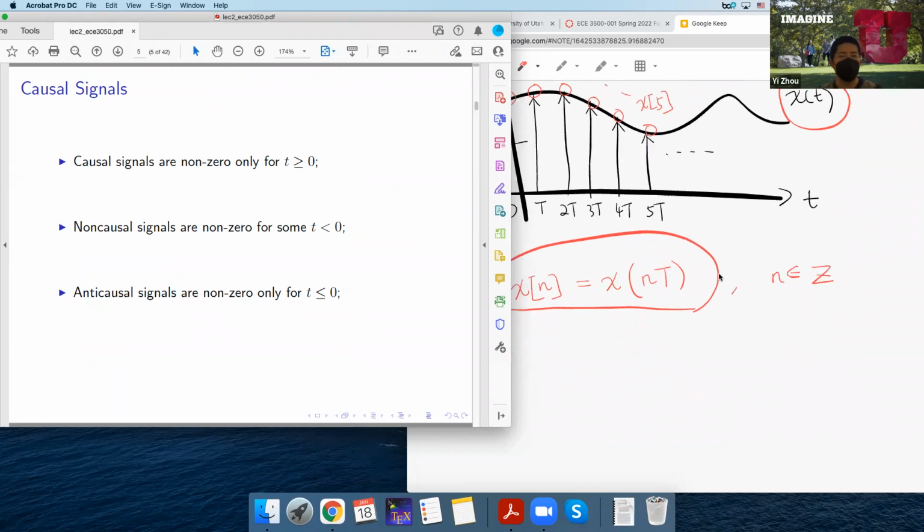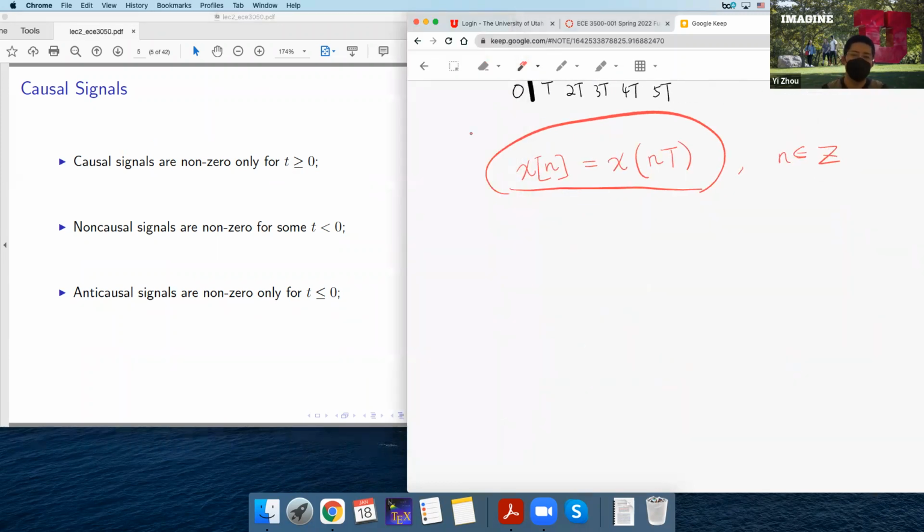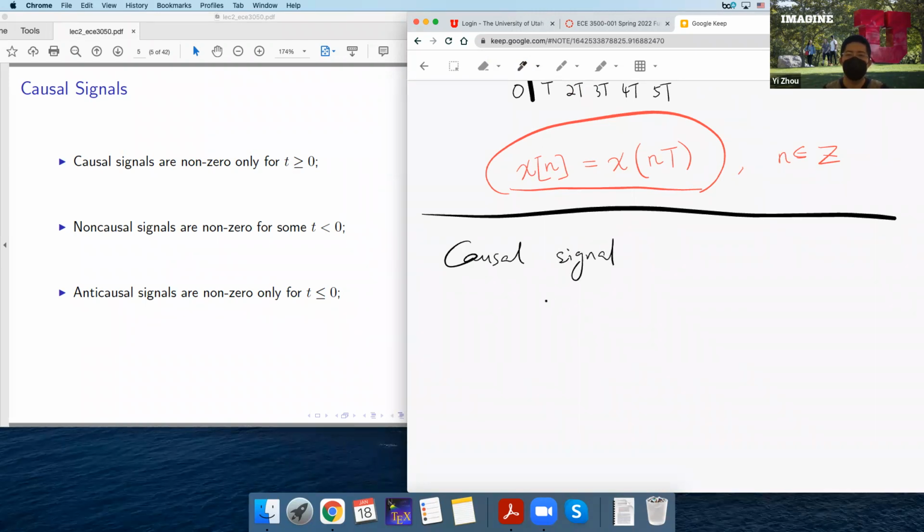There's no signal in the negative part. For example, this is a causal signal. The signal only exists when t is greater than or equal to 0.